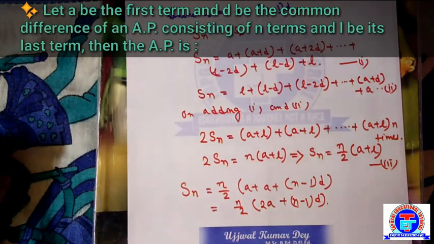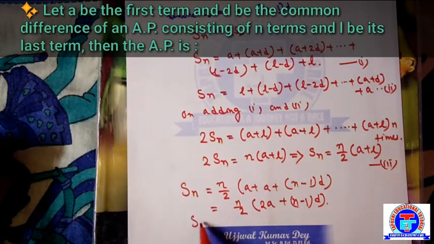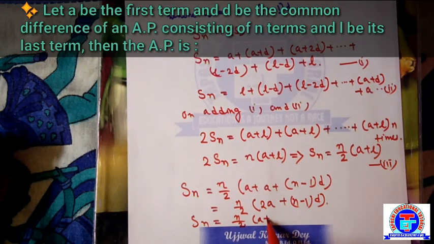Or we can write here Sn is equal to n by 2 into (A plus L), right?